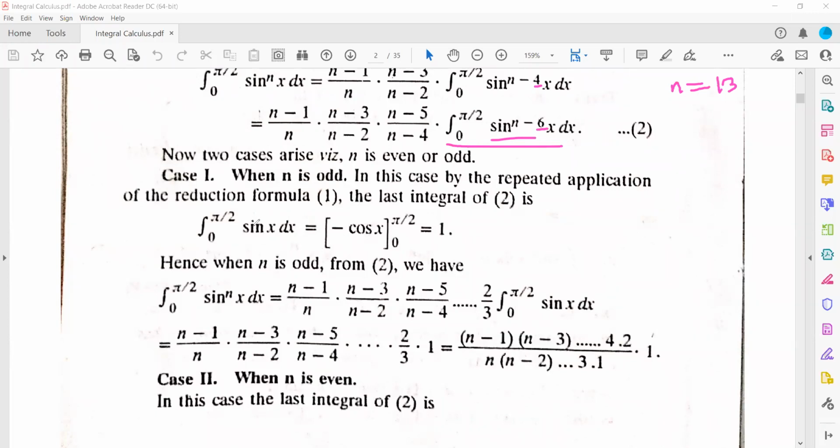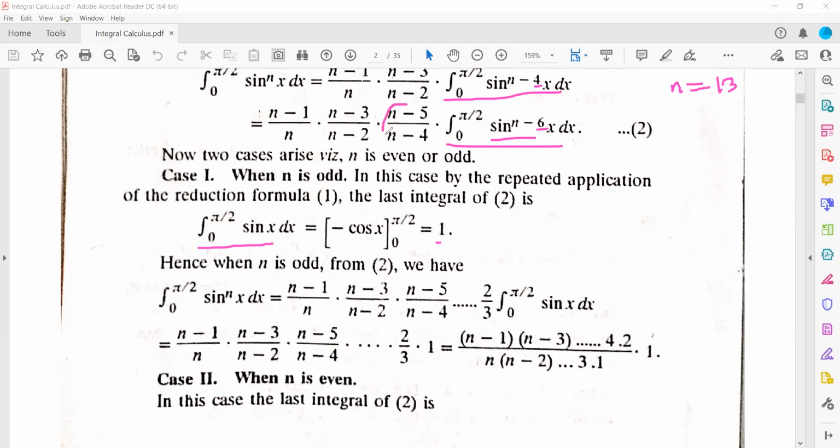To find this integration, it will be minus cos x from 0 to pi by 2. If you put in the limits, cos pi by 2 is 0, then minus minus becomes plus, and cos 0 is 1. So the value of this integration is 1. Is that clear?